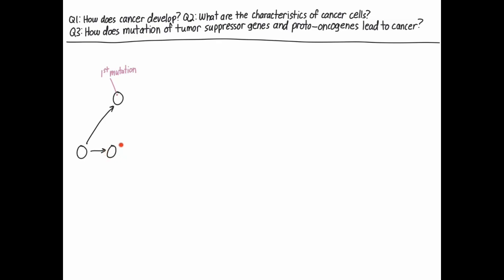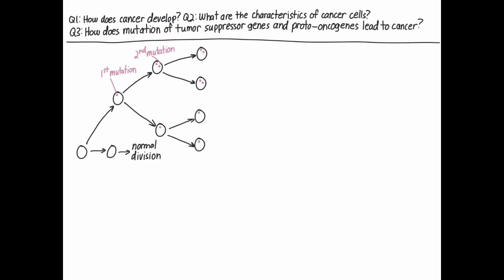The unmutated cell continues normal division, but when the mutated cell divides, it will pass on its mutation to both of its daughter cells. Perhaps a second mutation occurs in this cell. Once that cell divides, it passes on both of those mutations to its daughter cells.